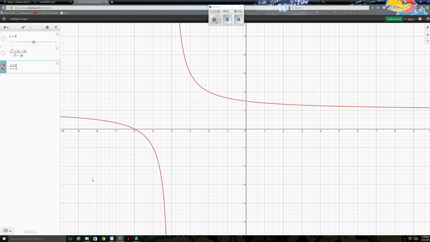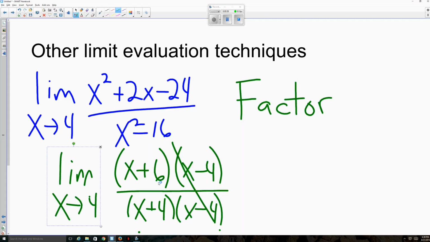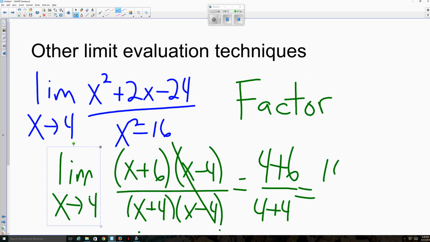Okay, well, let's look at this analytically because we don't want to look at the graphs. So let's see what happens now when I plug this 4 in here. So I get 4 plus 6 over 4 plus 4. That's 10 over 8, which equals 5 over 4.